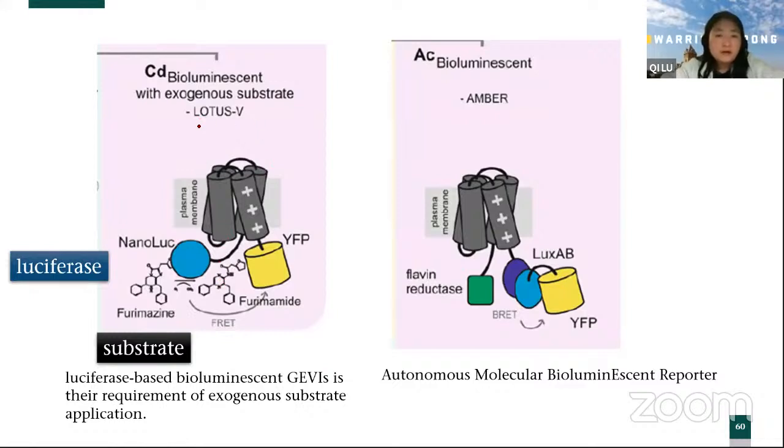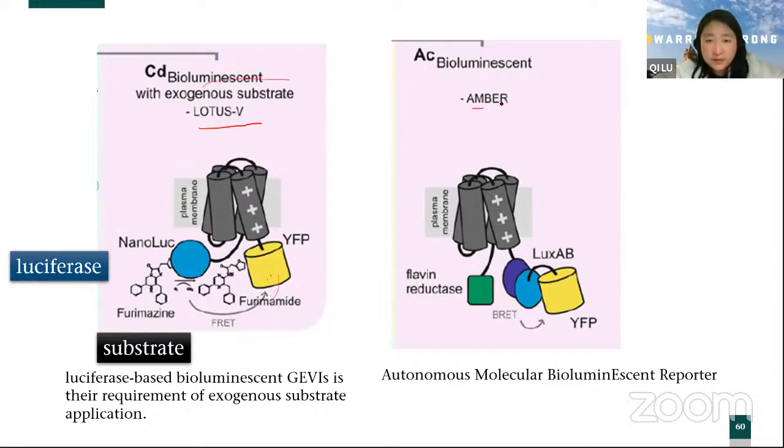So for the later developed one, the luciferase, you can provide intravenously the substrate of this luciferase, and it can do chemical reactions and then generate light energy that is transferred to fluorescent proteins, and that's the bioluminescence.